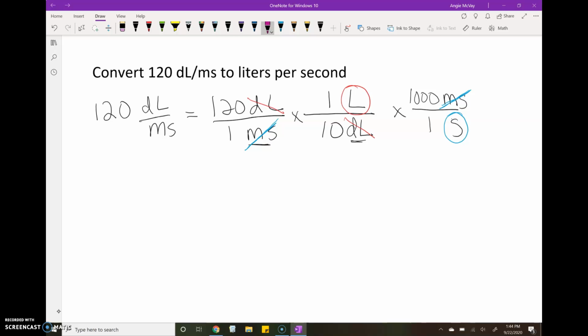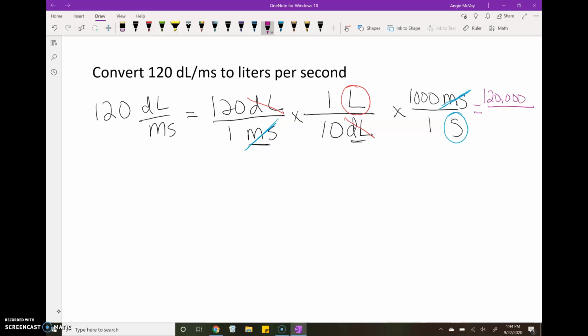Our almost final step is to multiply our top rows together and our bottom rows together to get a fraction. So I've got 120 times 1 times 1,000, and we get 120,000.